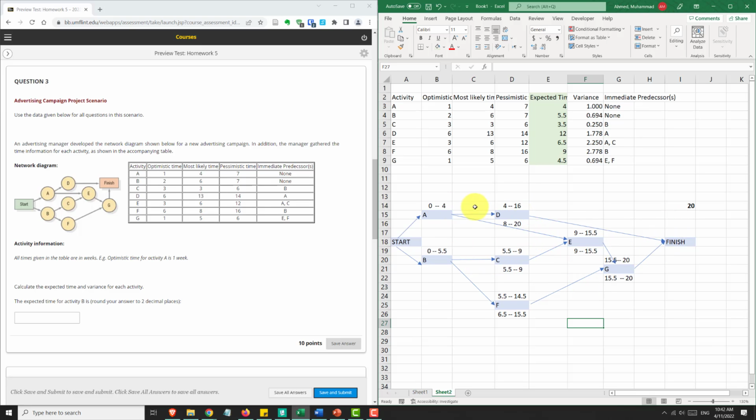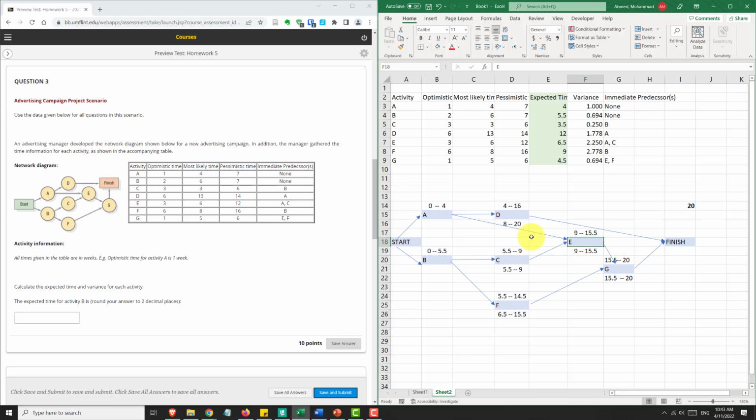So now we can actually go to A. The case of A is curious. Can A finish at week 8, because D needs to start at the end of week 8? And A also goes into E, so A could also finish by 9 and not affect E. So should we take 8 or 9? Does A have to finish by 8 or 9?